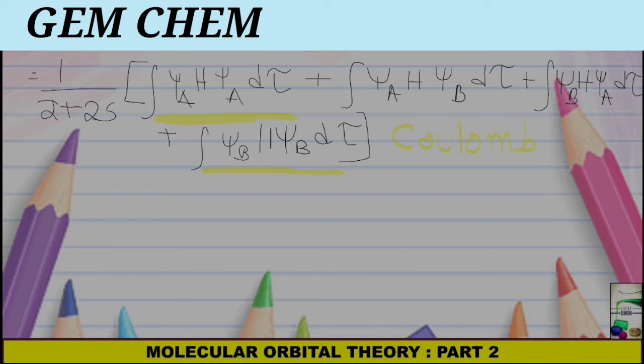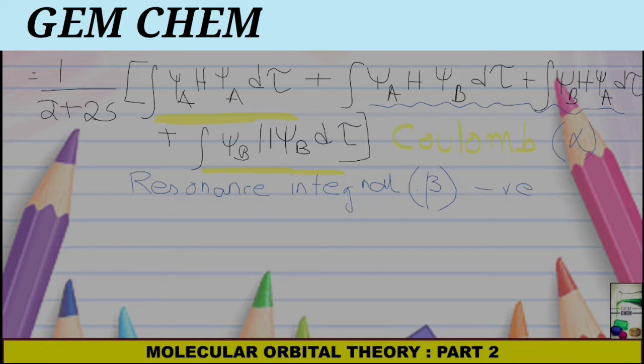If we consider these two, then these are actually the resonance integral. The Coulomb integral is represented by alpha and the resonance integral is denoted by beta. This resonance integral is negative.